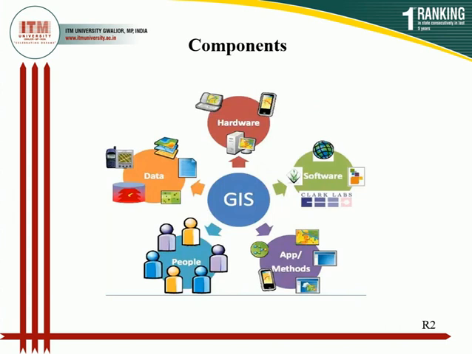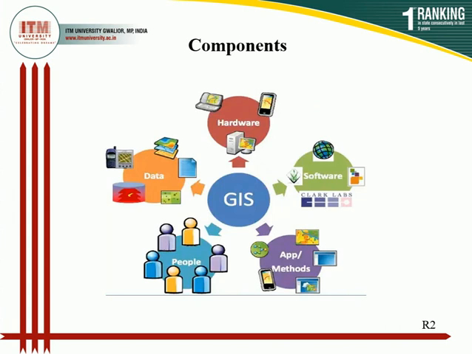Now, what is the main role of users or people? Users or people are those persons who run the GIS software and hardware for preparation of certain maps or any specific activity. What type of methods are used in the GIS? The methods depend upon the application for which the GIS software is working.